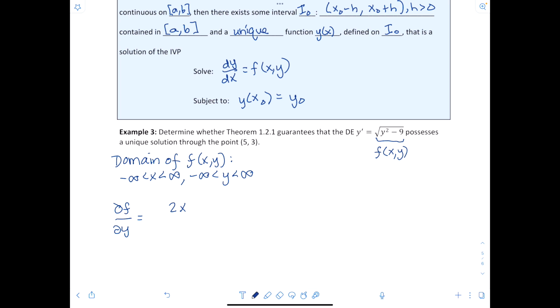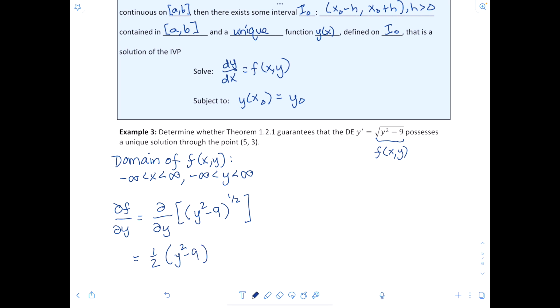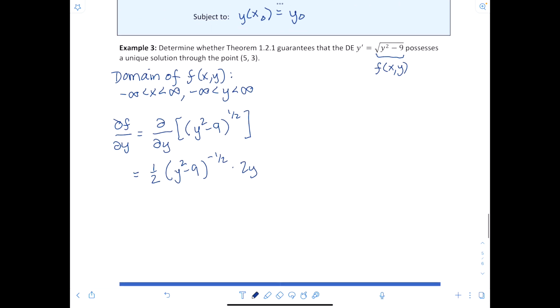That's going to be the first partial with respect to y of y squared minus 9, that quantity to the 1/2 power, which is equal to 1/2 times y squared minus 9 to the negative 1/2 times 2y, using the chain rule.